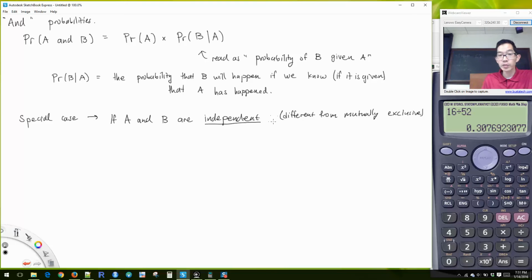If A and B are independent, that means the outcome of B has no influence on the outcome of A and vice versa, or the outcome of A has no influence on the outcome of B. I'll just write: the outcome of one event has no influence on the outcome of the other event.